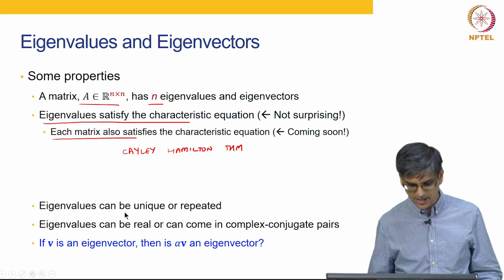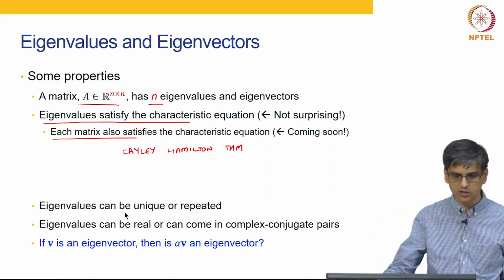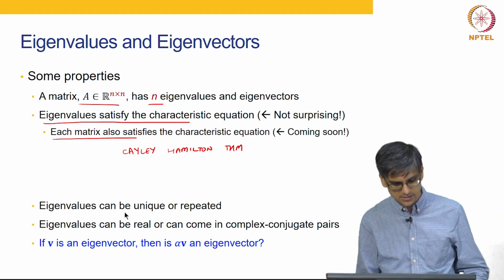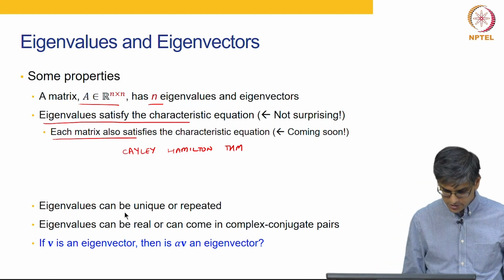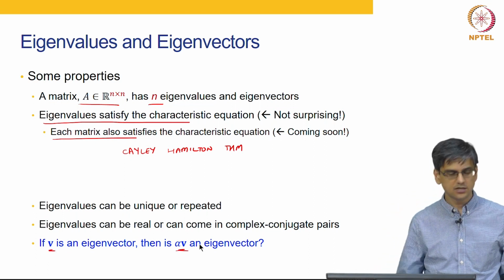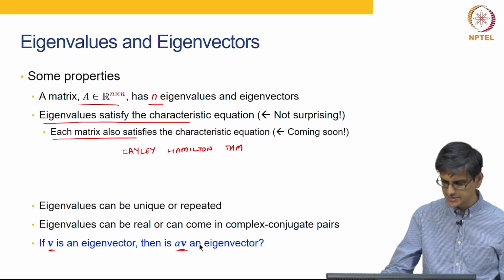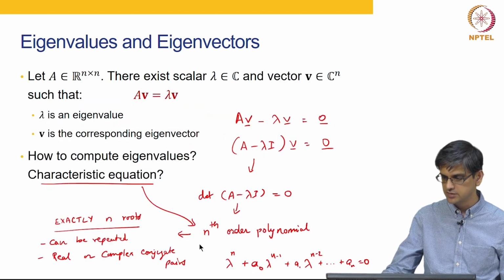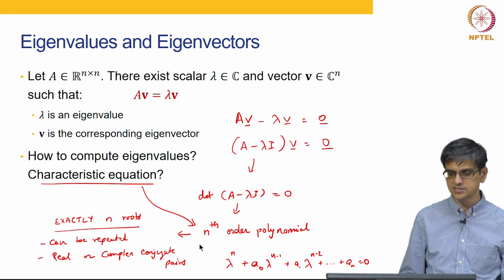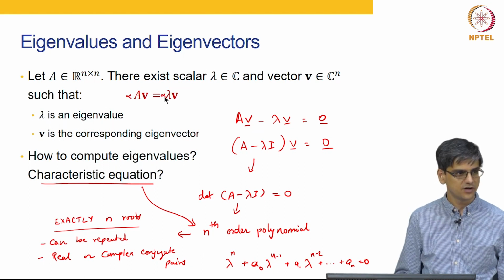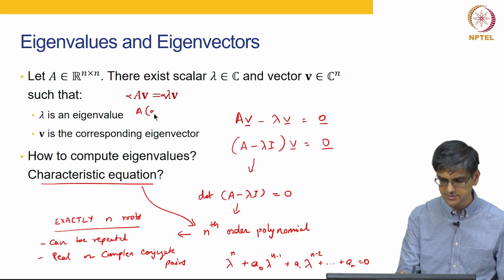Eigenvalues can be all unique, or there could be repeated eigenvalues; they can be real, or can come in complex conjugate pairs. If V is an eigenvector, then any scalar multiple of V is also an eigenvector. For example, if A V equals lambda V, and you multiply both sides by alpha, you can write A alpha V bar equal to lambda alpha V bar.